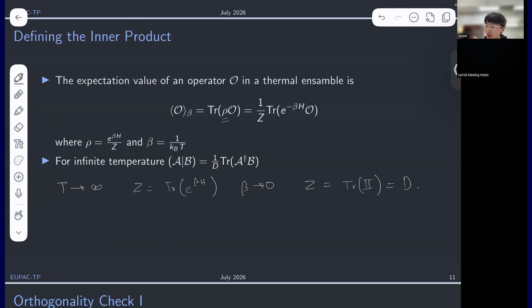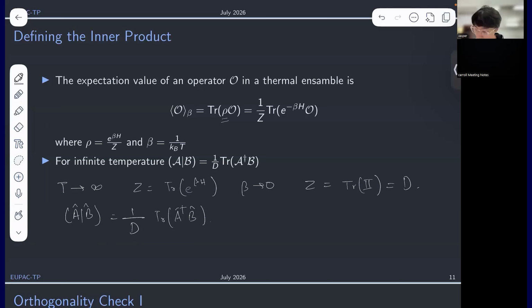Then we can define the inner product of two operators A and B as 1 over the dimension times the trace of A dagger B.